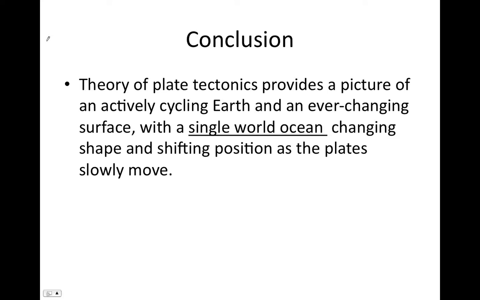As the plates shift, new ocean basins are created, old ocean basins are destroyed, and all the while in between, those ocean basins are changing shape, shifting positions. So the state of the ocean is a very dynamic one. It's constantly changing, though it's very slow.